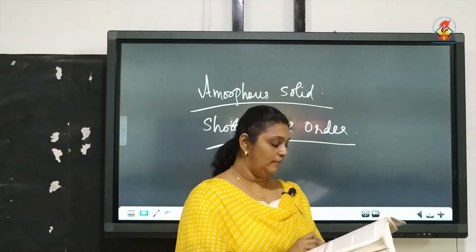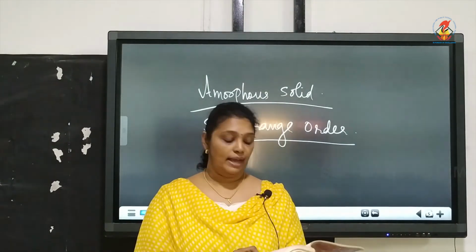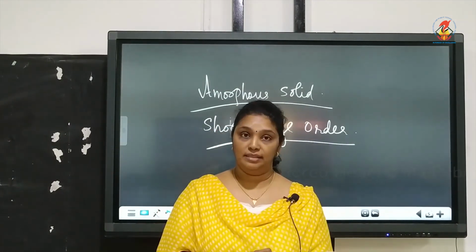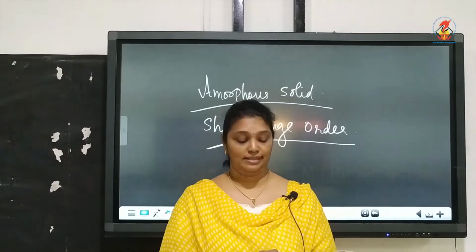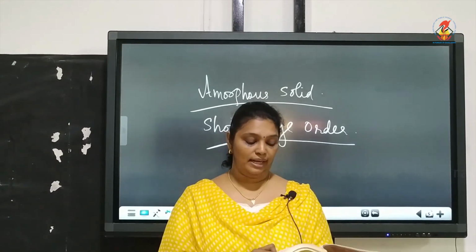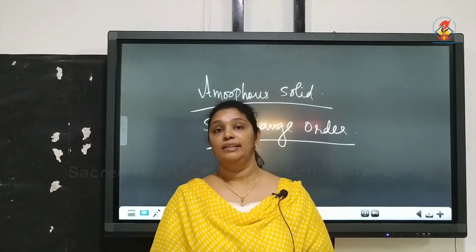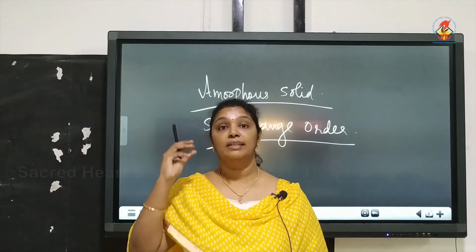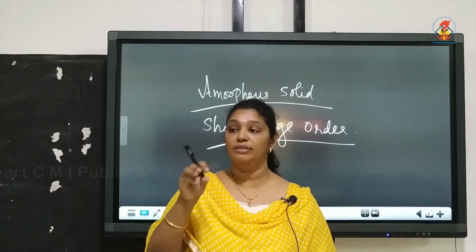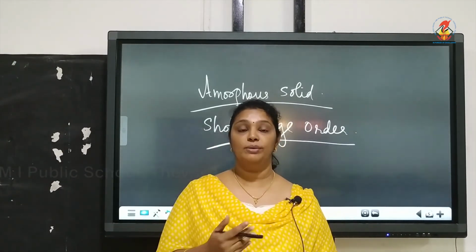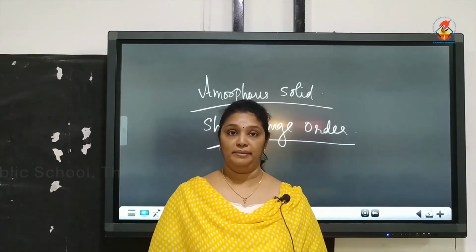Short range order means there is a regular and periodically repeating pattern which is observed only for short distances. Such portions are scattered and in between the arrangement is disordered. So, we can see this arrangement of constituent particles in a definite pattern for a short distance only. So, it is called short range order.